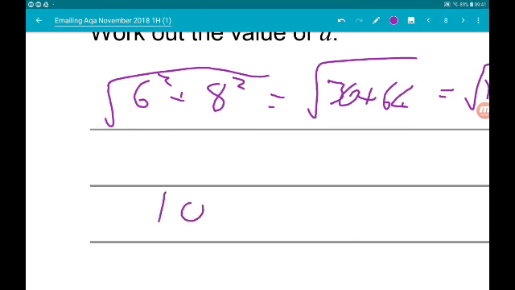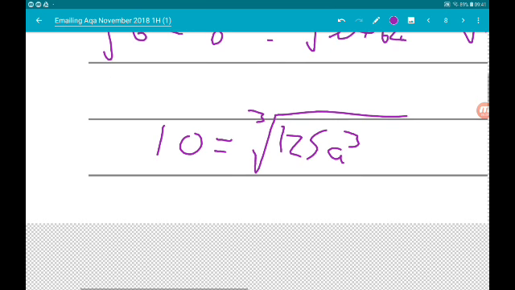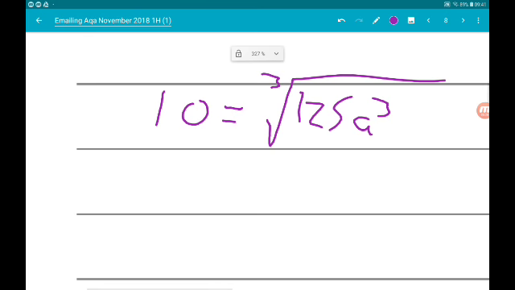Now we got 10 is equal to the cube root of 125a cubed. Now 125 and a cubed are both cube numbers. So we can actually carry out the cube root. So we get 10 is, now the cube root of 125 is 5, and the cube root of a cubed is a.